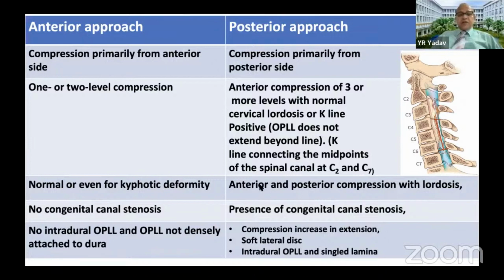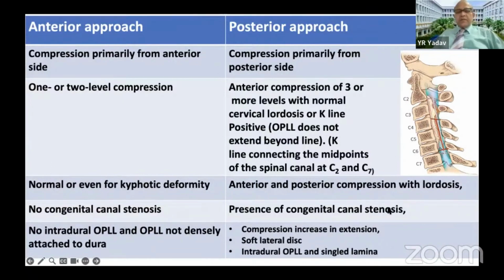Anterior and posterior compression. So if you have both anterior and posterior compression, and there is a lordosis, or if the compression from anterior side does not extend beyond K line, then you can take the posterior approach, and it can be done when there is a congenital canal stenosis.